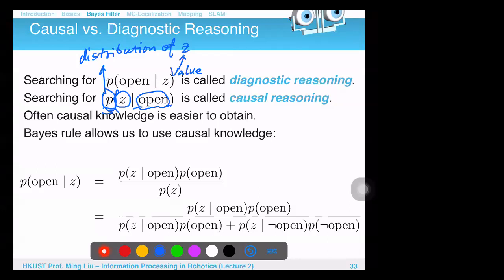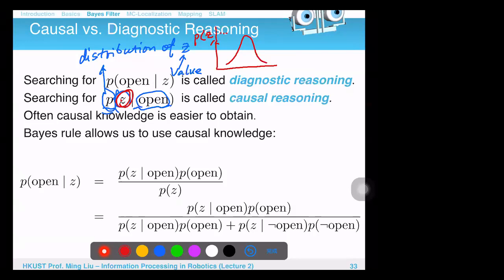Okay, that means you can even plot out this distribution. For example, the distribution of value Z is like this. That means the probability of the observation of Z given some conditions.